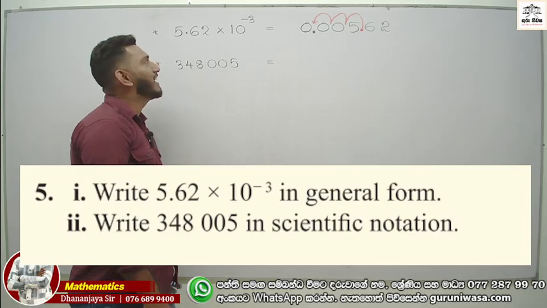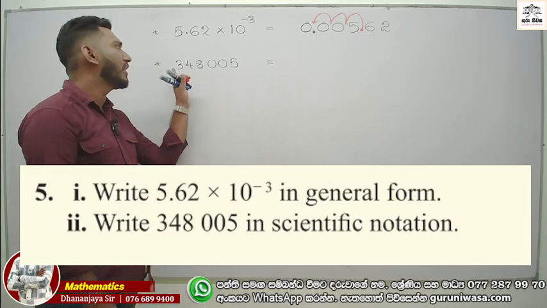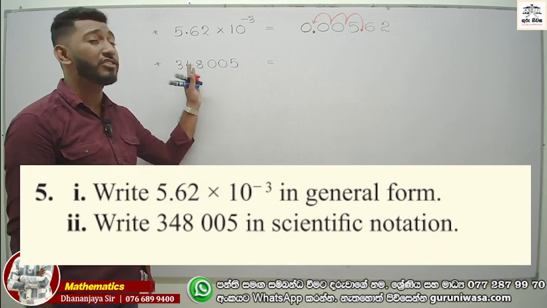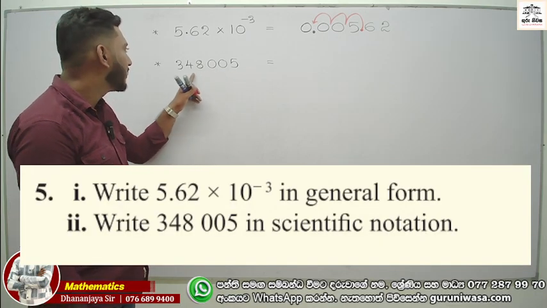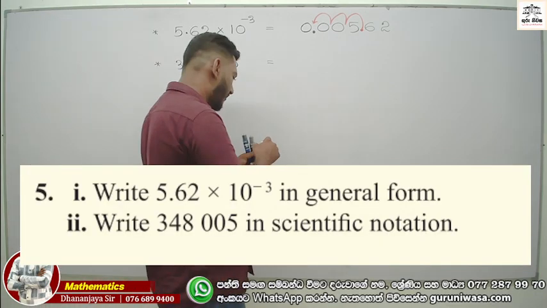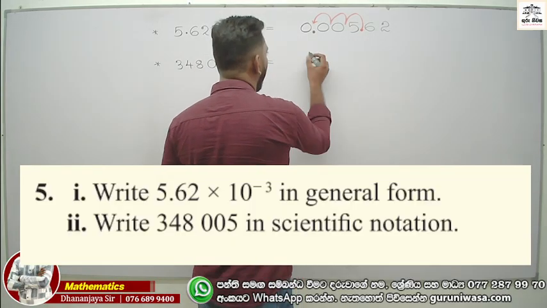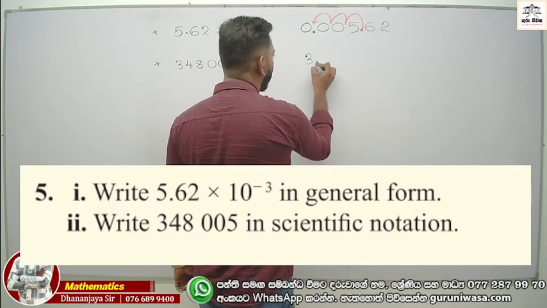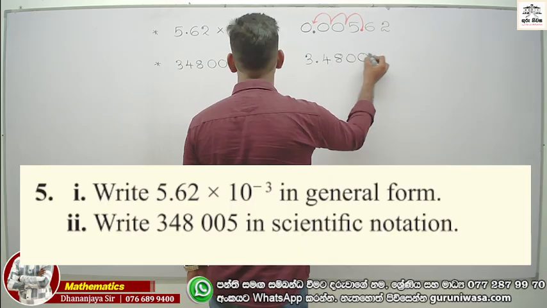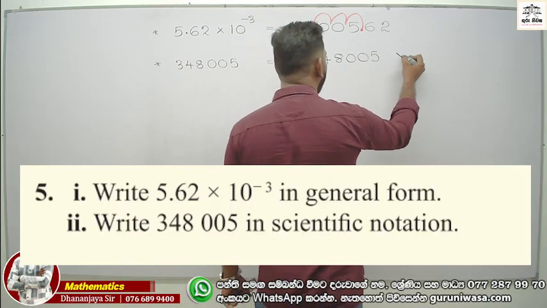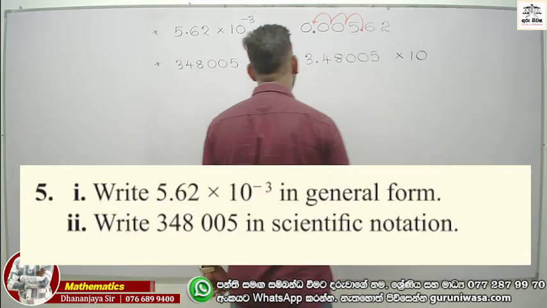Any number you can write like this. Now listen. This one is a whole number, a 6-digit whole number. And what's the first significant figure? Yeah, 3. Now you can write it as 3.48005 multiplied by 10 to the power of, now look at this.